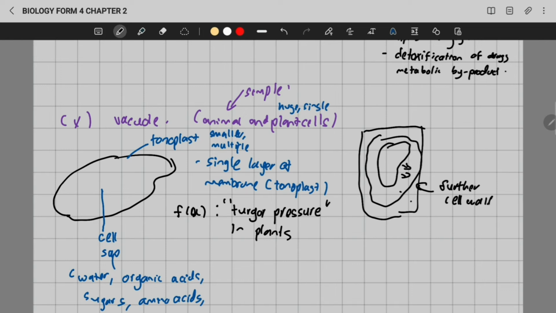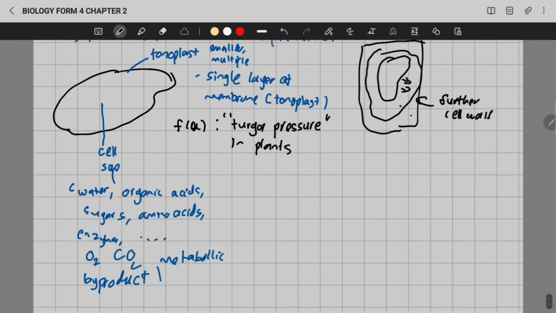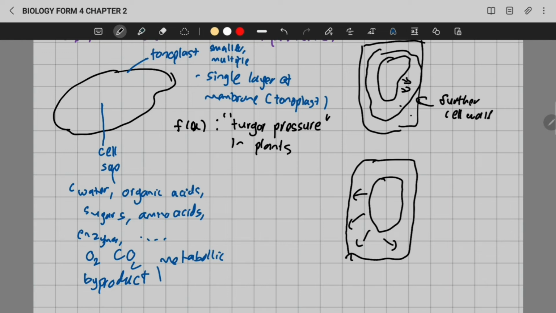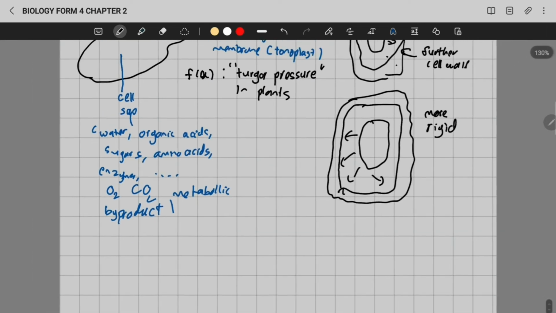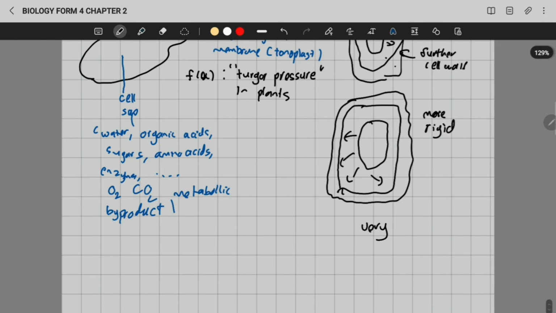So here the plant cell is not rigid. But if the vacuole is big enough and contains many things, it will push the cytoplasm towards the cell wall and make the structure more rigid. And this is very important in herbs or plants without roots. Very important because of what?